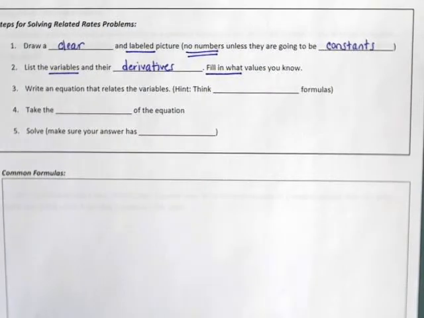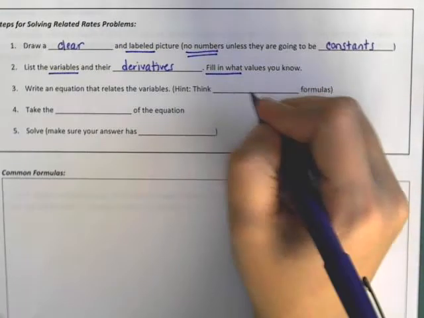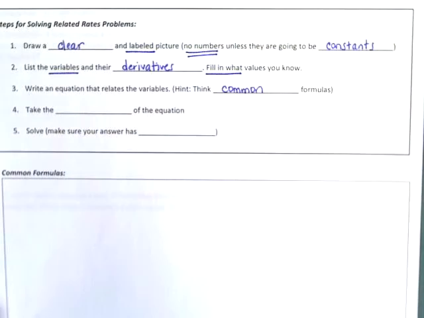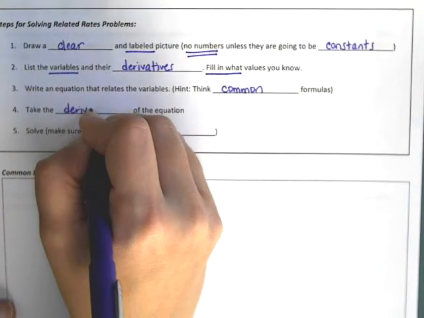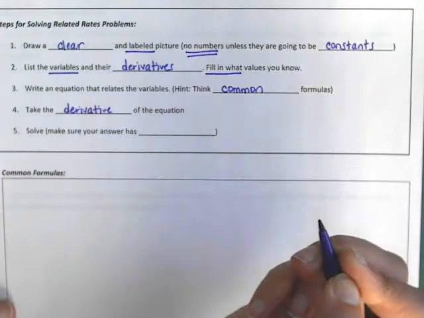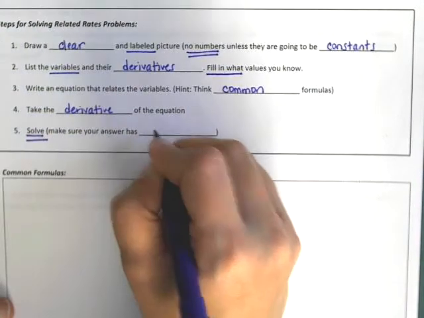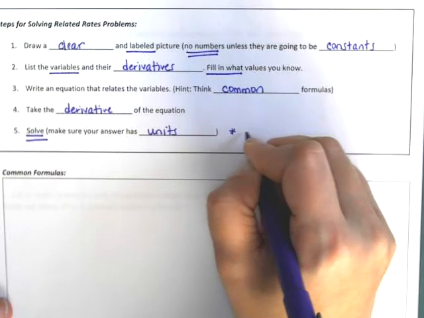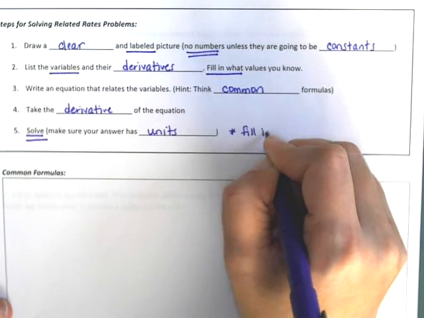Next, you're going to write an equation that relates the variables. Think about common formulas that you know. Finally, you'll take the derivative of that equation and then solve. Make sure your answer has units. This is where we fill in the numbers.